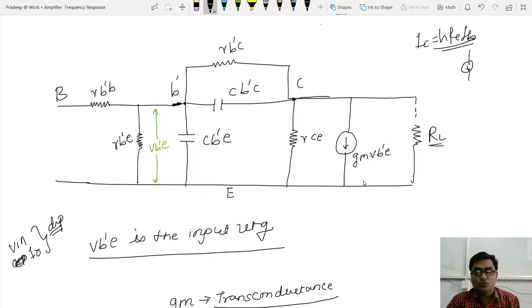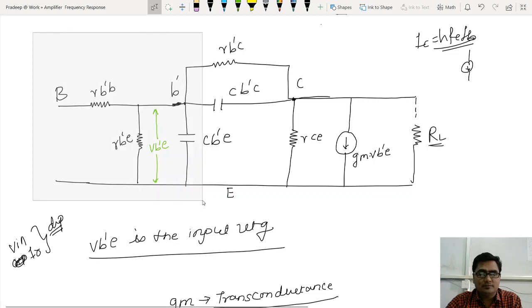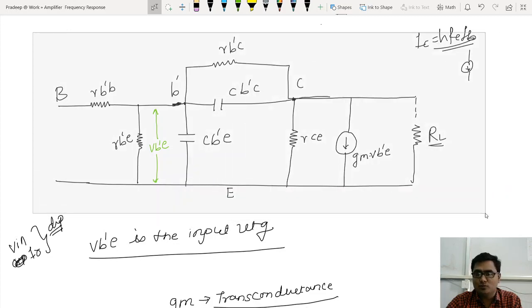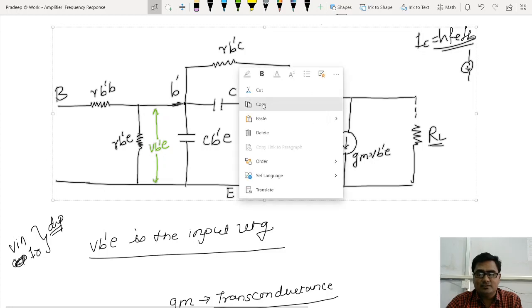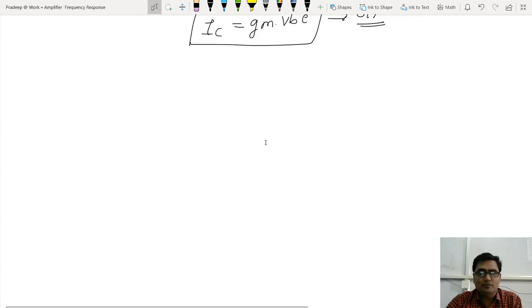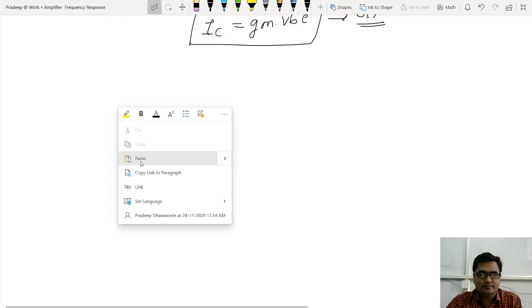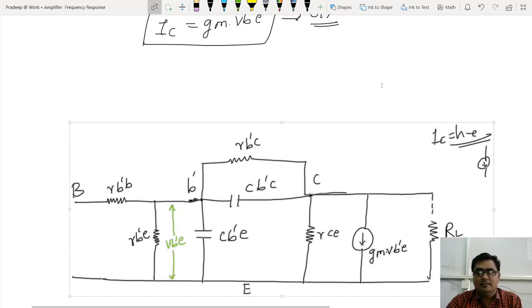So this diagram, this model, let me copy that model. Let me check whether it is possible. Yes, it is possible. This model that I have drawn here is called the pi model of a transistor. Let me paste it and rub the unwanted part.